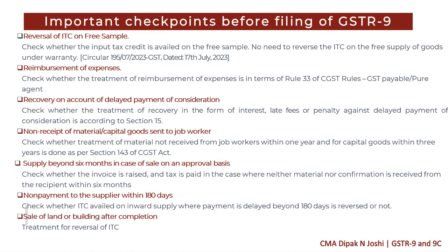Otherwise, GST is payable on the reimbursement of expenses. So one should appropriately check this reimbursement of expenses and the applicability of GST on such reimbursement. And normally we see all these reimbursements of expenses in the other income part of the financials.